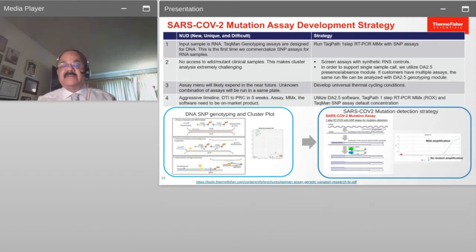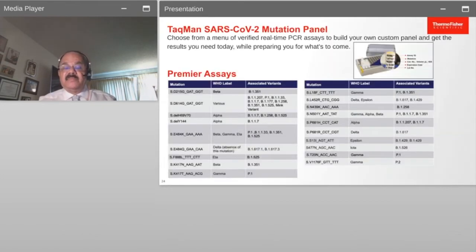If I go to the next slide, you'll see here are the mutation panels. What we call premier assays are the ones that are on the shelf. These are the ones that are most widely used by our customer base, and they can detect all of these WHO variants listed in here. As you'll see, with time we have more and more variants, and as they increase, we come up with assays to meet the needs for detecting all of these variants.